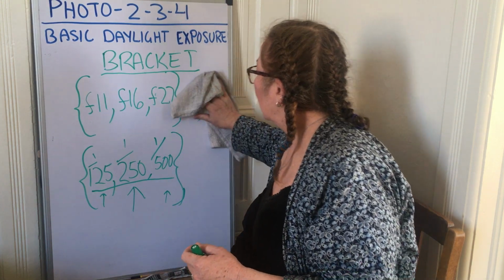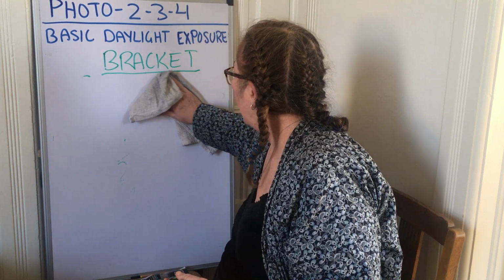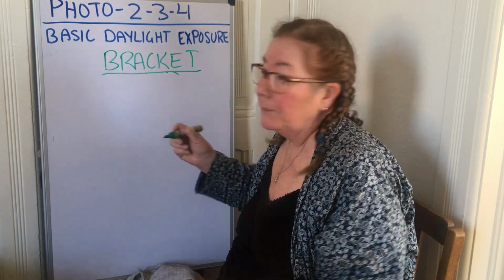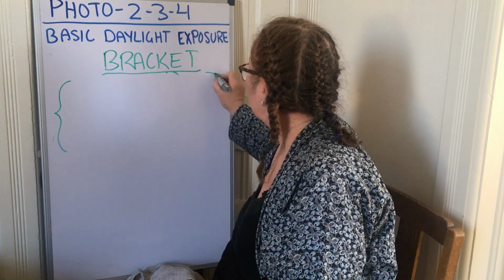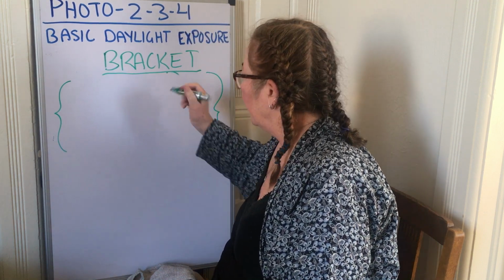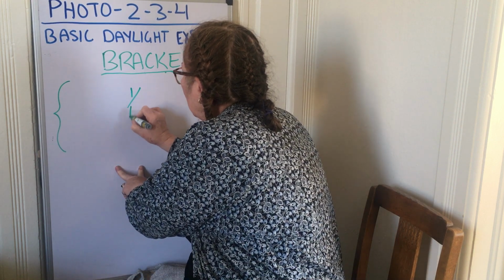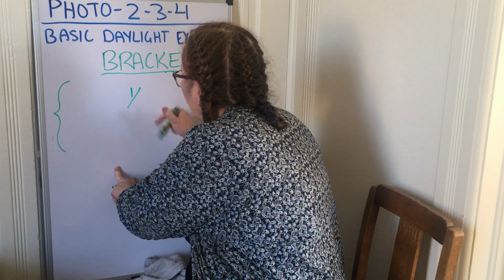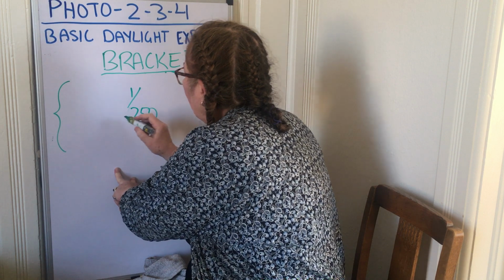Now, professional photographers will often do a bracket of 5 photos. And with a digital camera, you can actually set your camera to do that. So you would have your correct exposure in the middle, 1/250th of a second, because that's what we were using for our Sunny 16 rule.